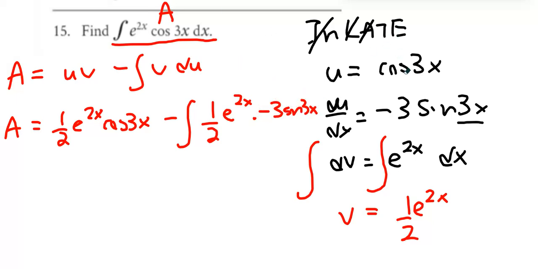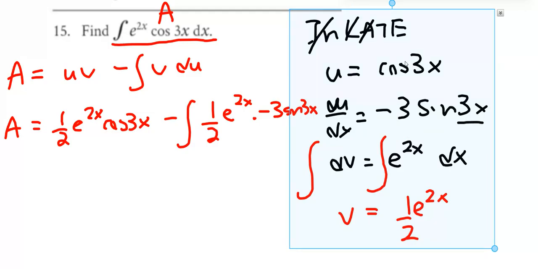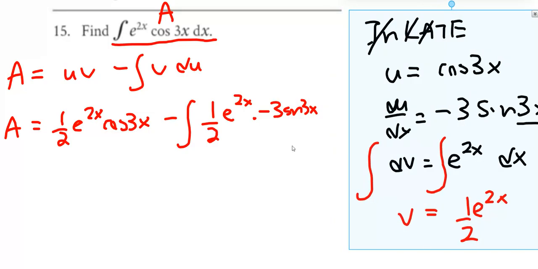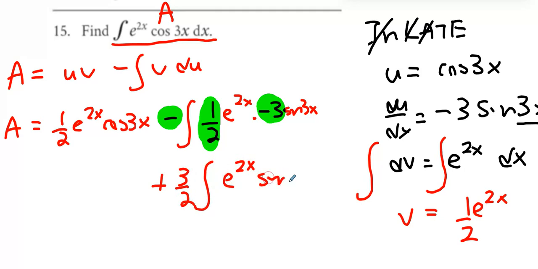Now, just going to move it across for a minute. I'm going to target the minus, the half, and the minus 3, and combine them. What am I going to combine them into? Plus 3 over 2 on the outside, e to 2x sine 3x.